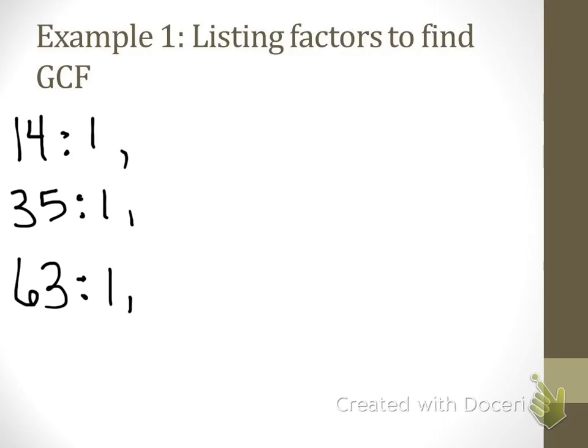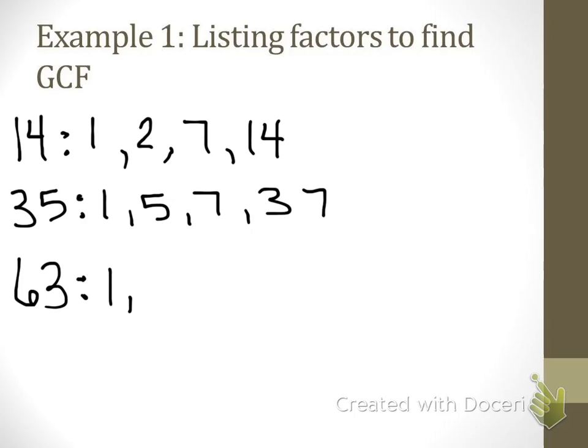The factors of 14 are, class, 1, 2, 7, and 14. What about for 35? 1, 5, 7, and 35. What about 63? 1, 3, 21. Good, Tyler. Then 63.